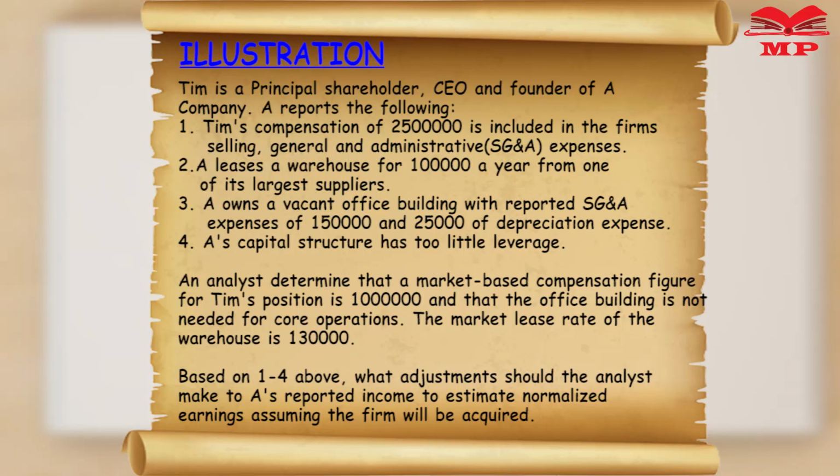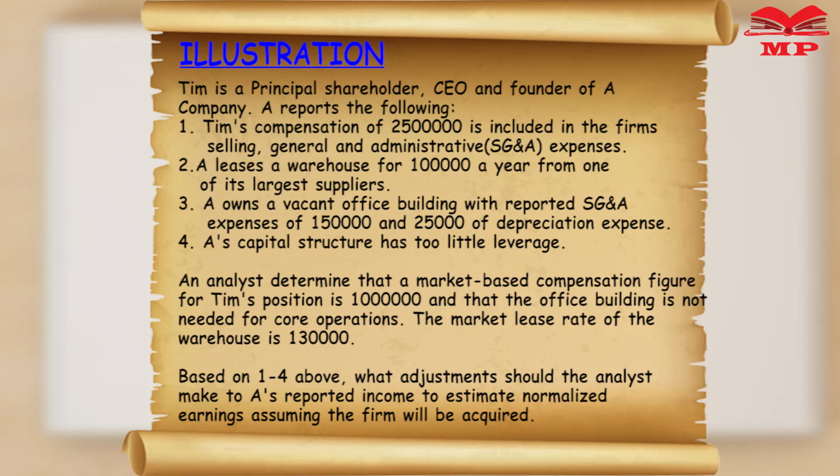Number two, A leases a warehouse for 100,000 a year from one of its largest suppliers. Number three, A owns a vacant office building with reported SG&A expenses of 150,000 and 25,000 of depreciation expense. Number four, A's capital structure has too little leverage.